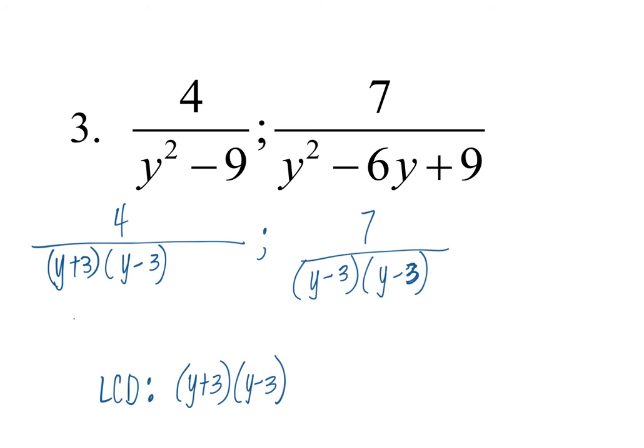On the left, the y plus 3 was to the first, and the y minus 3 was to the first. On the right side, the y minus 3 happened twice, so we might as well have written that as y minus 3 squared. That means in the LCD, that factor of y minus 3 needs to be squared as well.